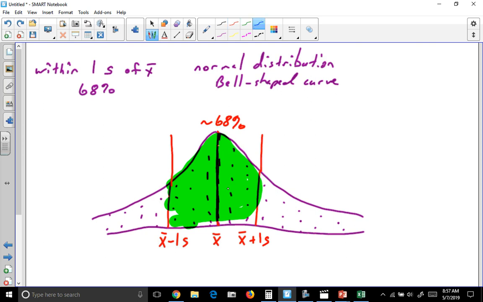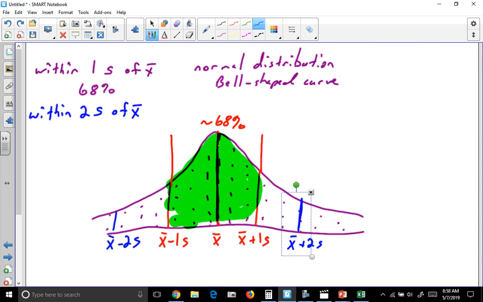Now, if we widen our range, if we go two standard deviations above the mean, so the mean plus two standard deviations to the mean minus two standard deviations, then everything in that interval is within two standard deviations of the mean.